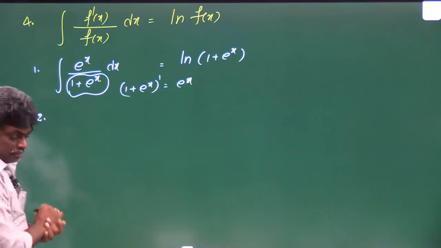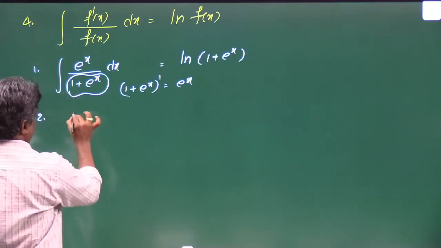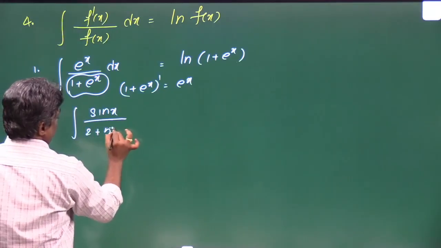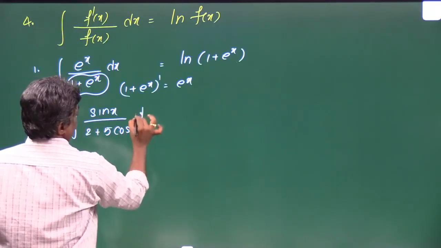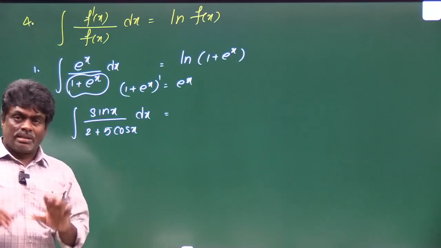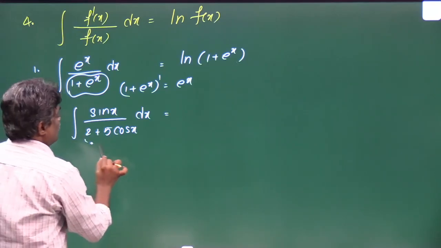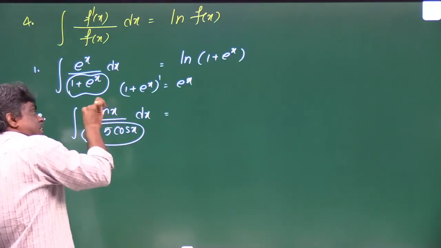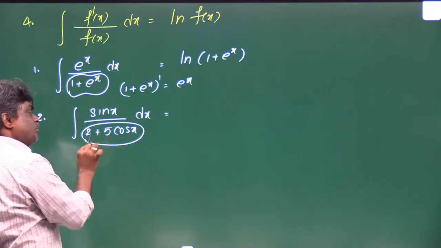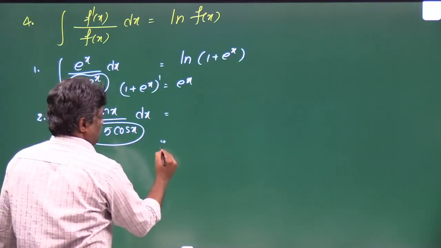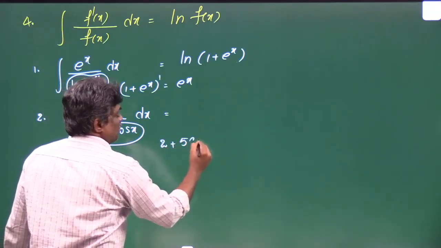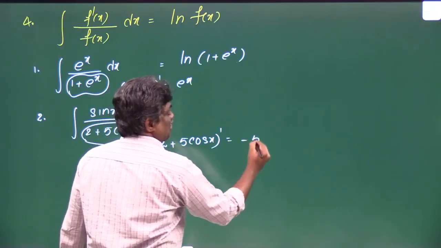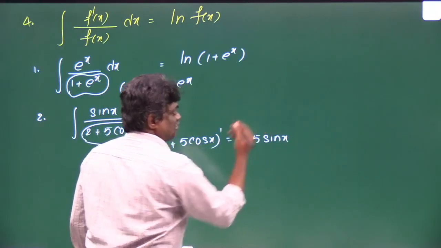Next question. Let us take integral sin x by 2 plus 5 cos x. Now please observe carefully. This is your denominator f of x. Do you have the derivative of this function in the numerator? The derivative of 2 plus 5 cos x is minus 5 sin x.